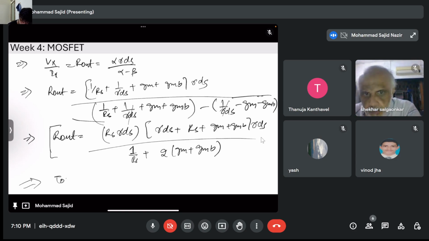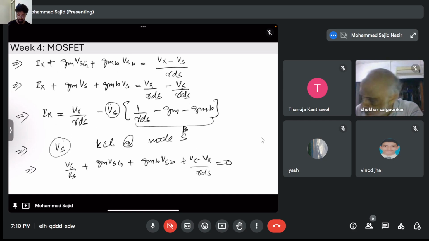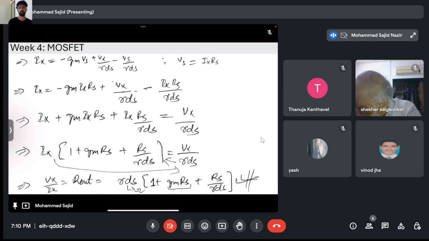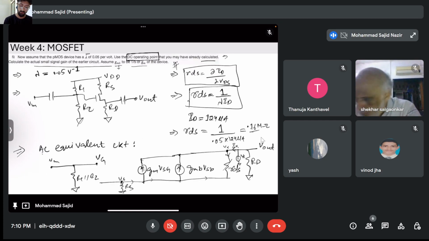Because total R out is this value in parallel to RD. We had neglected RD in our analysis. So total R out is this one that we calculated, in parallel to RD.